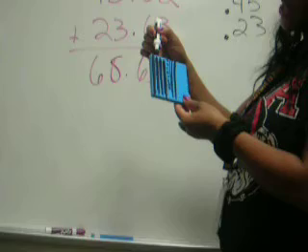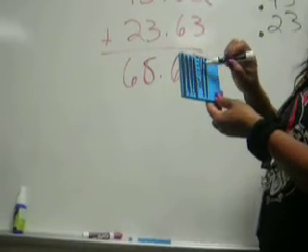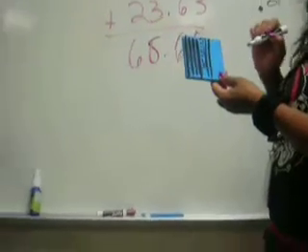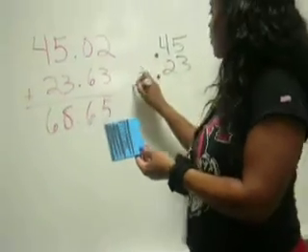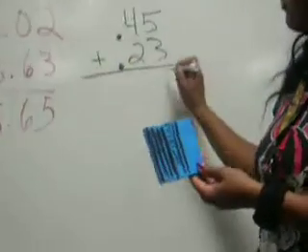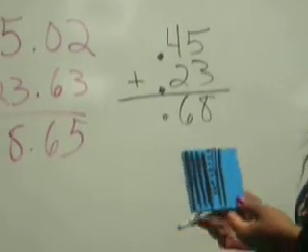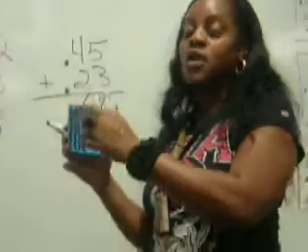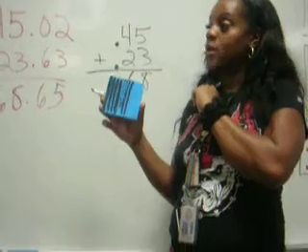So we have 10, 20, 30, 40, 50, 60, 61, 62, 63, 64, 65, 66, 67, 68. 68 hundredths shaded in. Let's do the addition on the board. 5 and 3 is 8. 4 and 2 is 6. So you have 68 hundredths. 45 hundredths and 23 hundredths equal 68 hundredths. They will also be expected to show that on pictorial models.